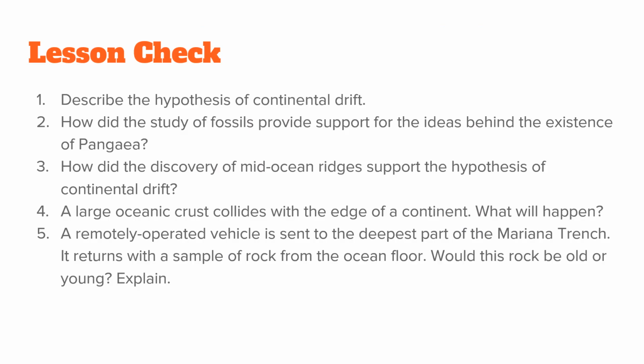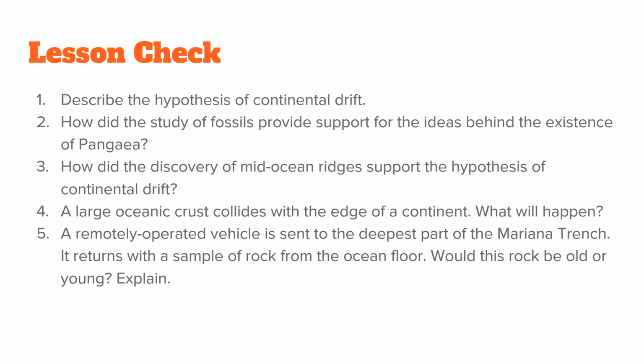All right, so now it is time to do our lesson check. Number 1, describe the hypothesis of continental drift. Millions of years ago, there was a single landmass called Pangaea. Over time, it broke into continents that drifted slowly into the positions we see them in now.